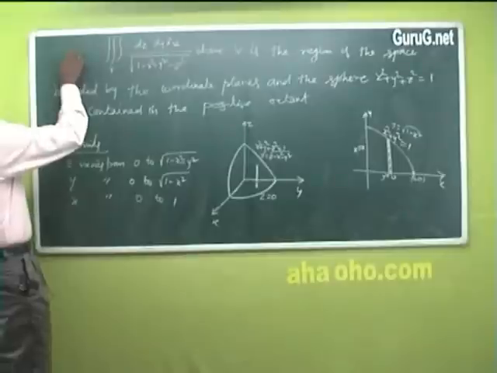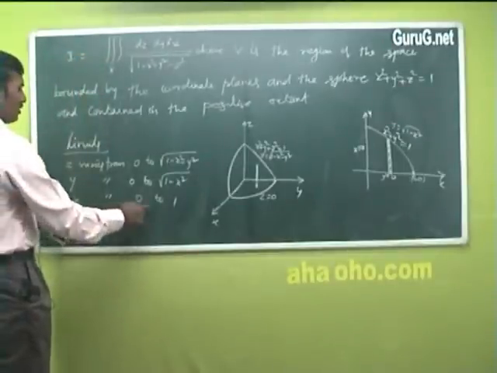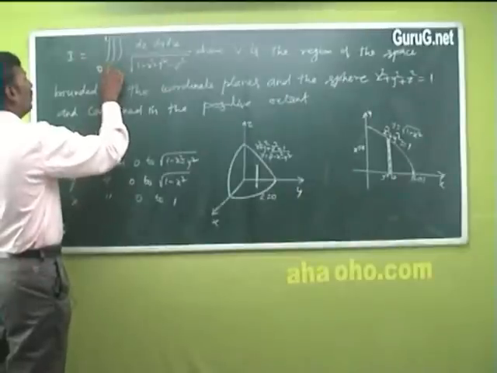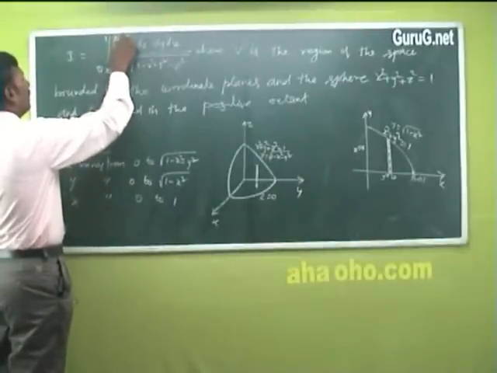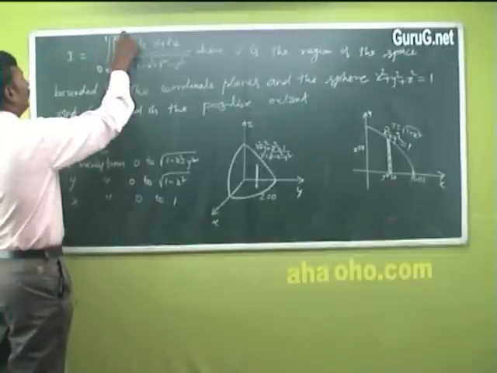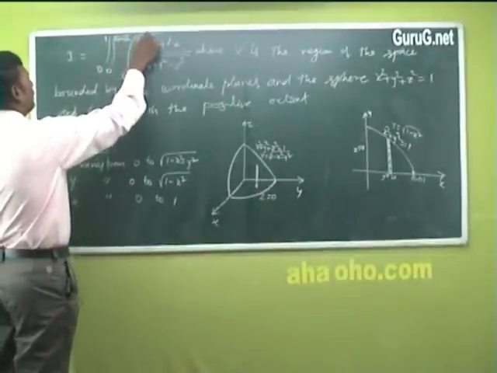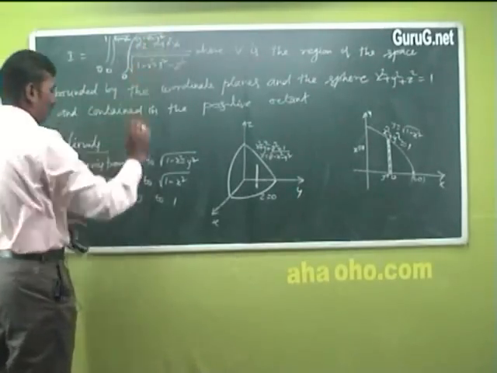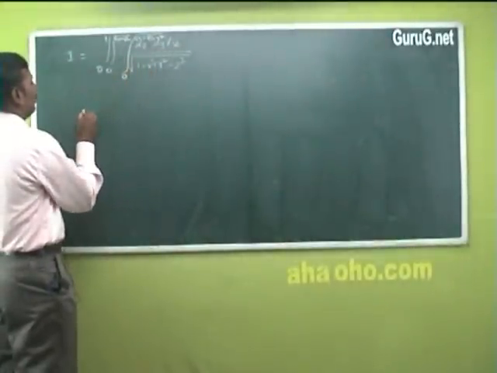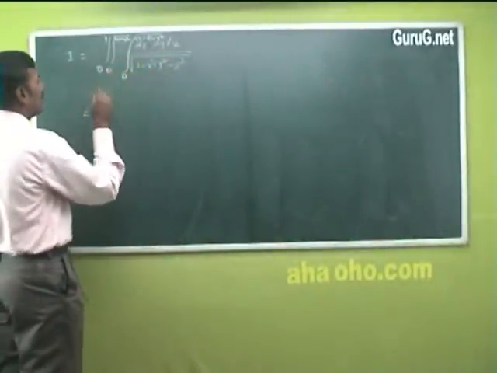Now it is equal to I. First the constant limits, so 0 to 1, and then 0 to root of 1 minus x squared. The third integral is 0 to root of 1 minus x squared minus y squared. Right? So we integrate with respect to z, keeping y and x as constant.